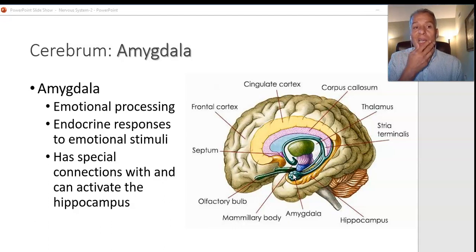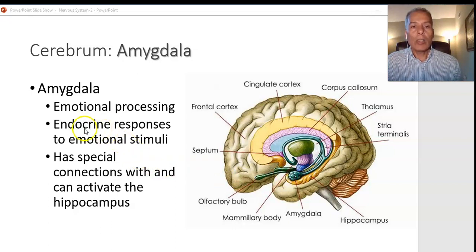And if someone, for example, has phobias, the amygdala is very hyperactive, and it makes the person react irrationally to a spider or to something.